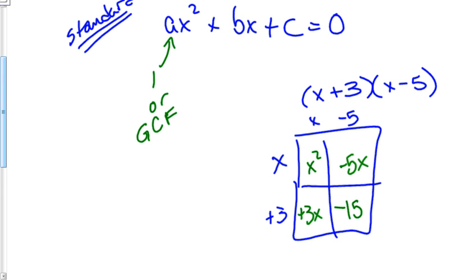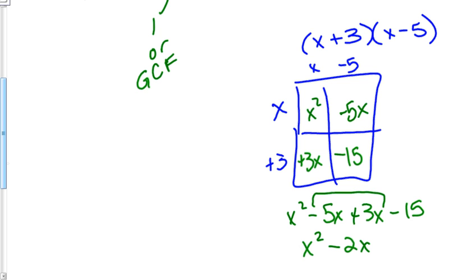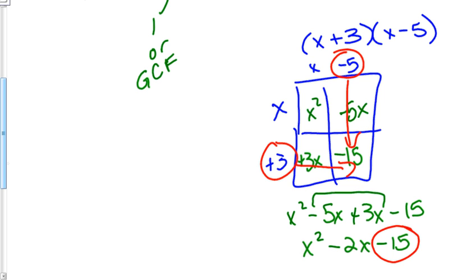So writing this out, you see x squared minus 5x plus 3x minus 15. And a simplified version is when you combine those middle two to get negative 2x. So what's important about this is that this number is those two numbers multiplied. Okay, so this is your multiply number. This negative 2 comes from those two numbers added. Negative 5 plus 3 gives you negative 2.